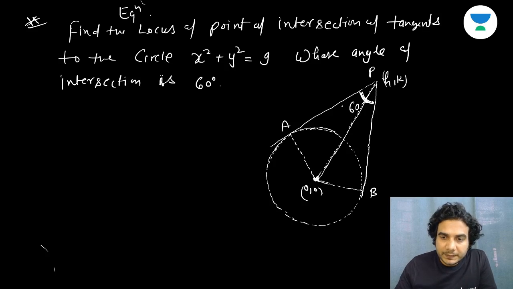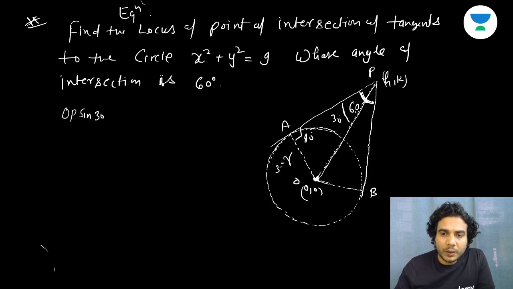Now let's see, this angle is 30 degrees, half of the angle. This is 90 degrees. So you can see this is our radius, radius is 3 actually. Again you can see OP sin 30. In triangle OAP, this angle is 30 degrees.